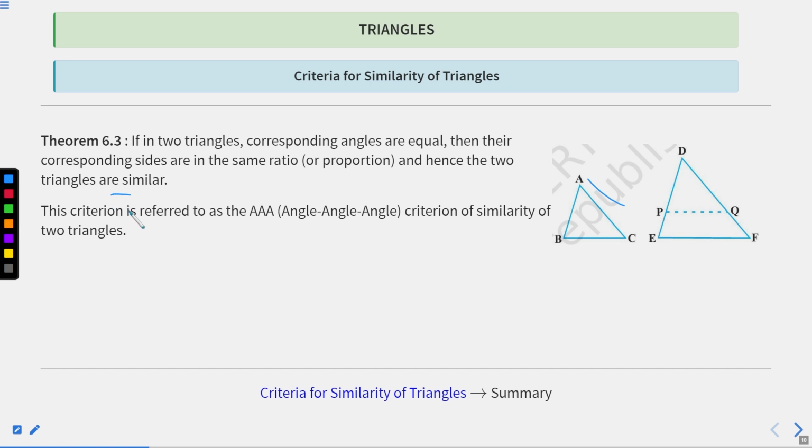This criterion is referred to as the angle criterion of similarity of two triangles, like the angle criterion for congruency of two triangles. Here this criterion is referred to as the AAA criterion of similarity of two triangles.